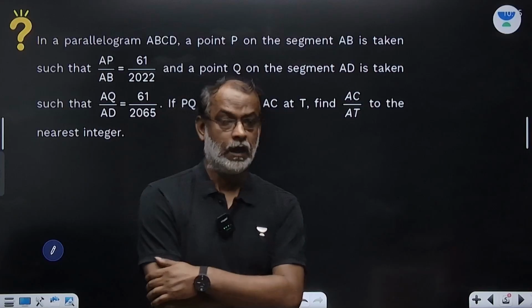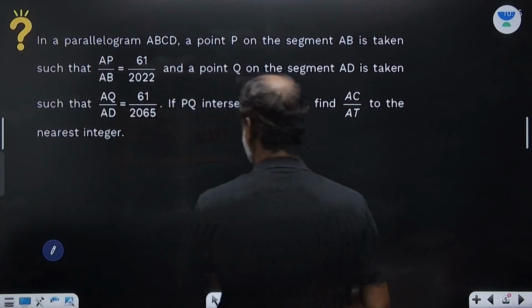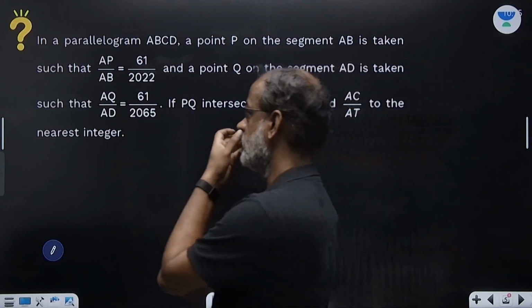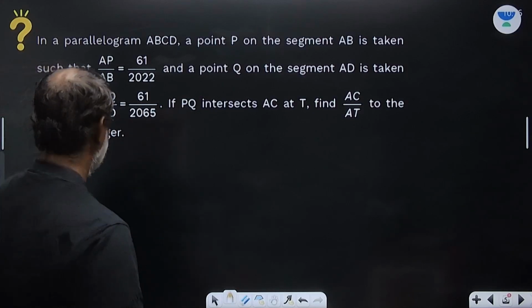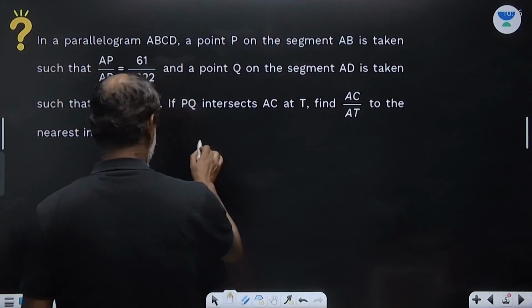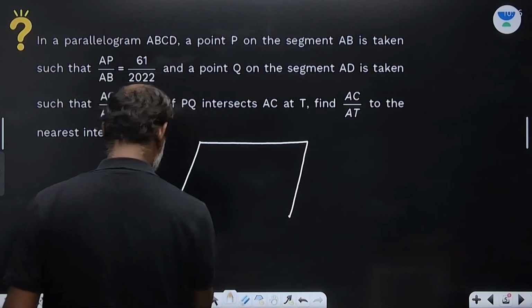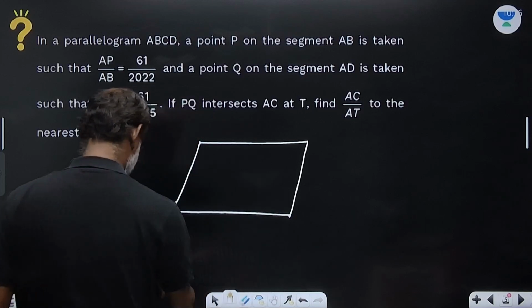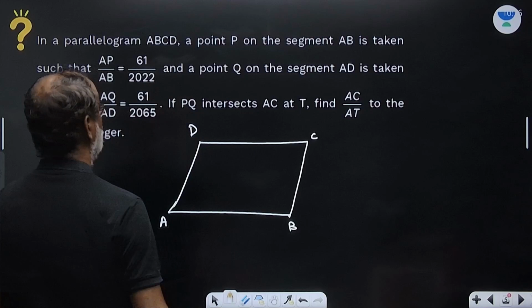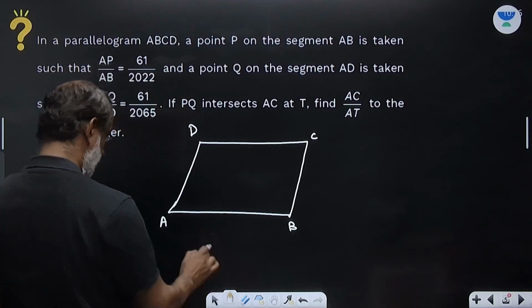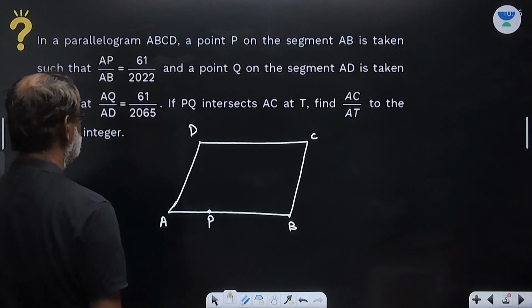Okay. So, moving ahead to our next problem. This is again a problem from probably 24 or 23, that in a parallelogram ABCD, a point P on segment AB is taken. In parallelogram ABCD, AP is to AB is 61 is to 2022.